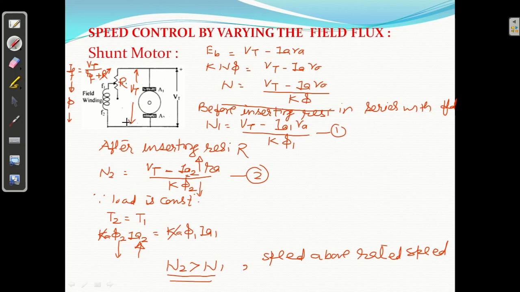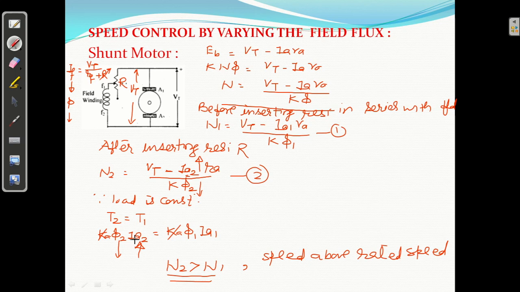Clear? So now what are the disadvantages of this method? You can see that when you insert the resistance in the field circuit, speed is increasing, N2 is more than N1. So top speeds are obtained with a very weak field, because you are inserting the resistance and weakening the field. Due to this weak field at top speeds, the armature current is also increasing.